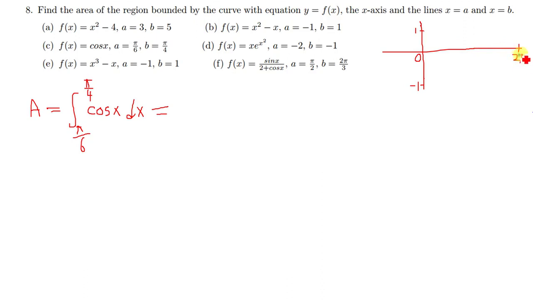Then half of 2 pi, of course, is pi. Half of pi is pi over 2. Then pi plus pi over 2, you get 3 pi over 2.